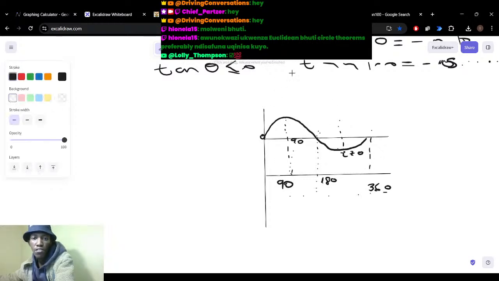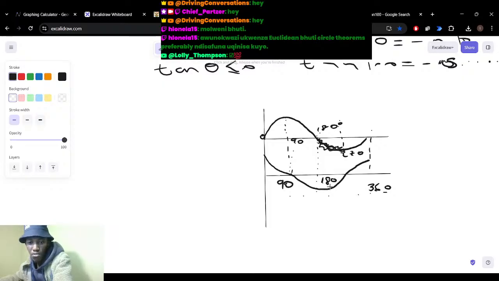On this quadrant, sine is starting to be negative too, right? This is 180 degrees, and the graph is starting to fall below the axis. So it's negative, yes. Sine is negative.